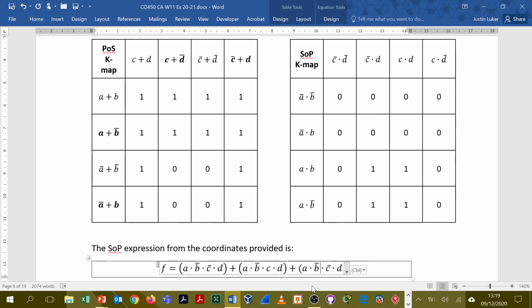Now we've got A and B. We go up to this one, not C, D, or A and B, C and D. There we go. And that's the complete expression built.